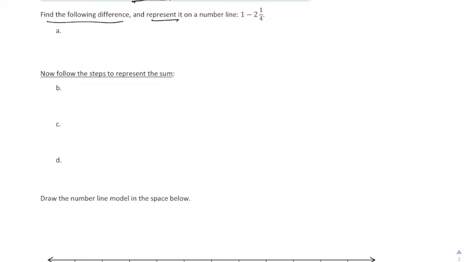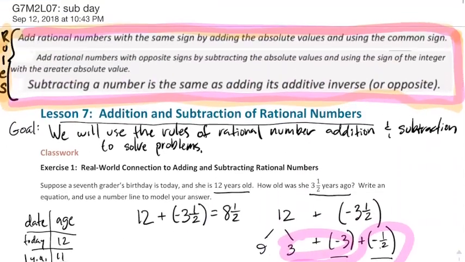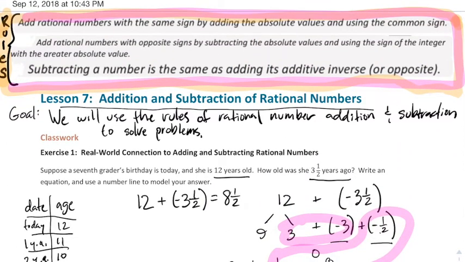And let's just scroll all the way back up here for a moment. Let's take a look at that rule. And I'll write up here what it was asking us to find: 1 minus 2 1/4. So which rule is it that fits 1 minus 2 1/4? It's a difference, so it's a subtraction problem.